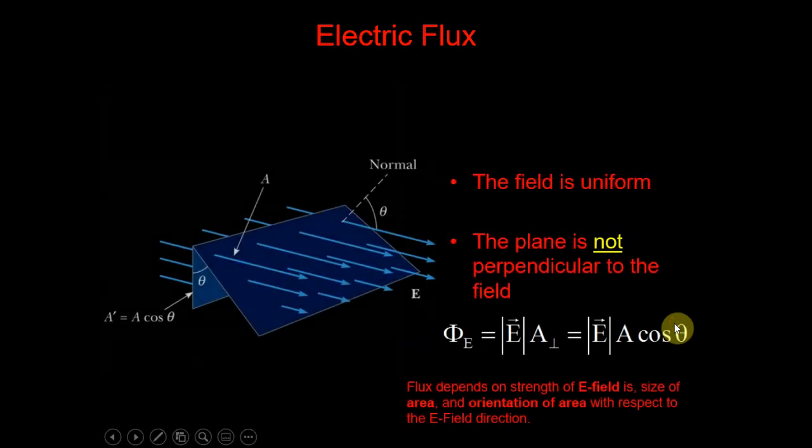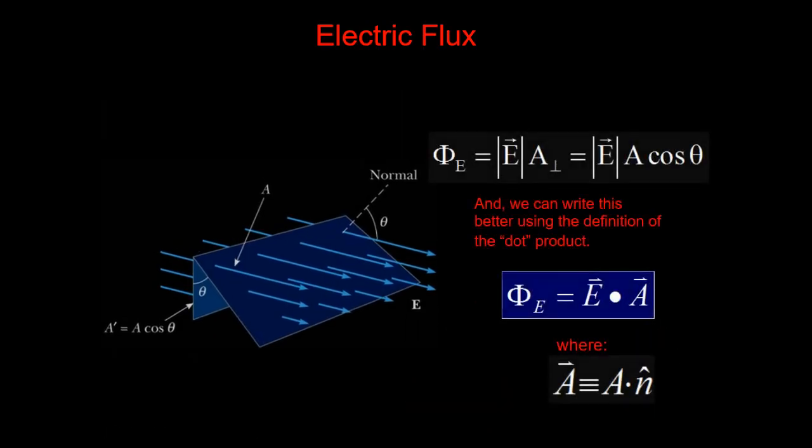If the plane is not perpendicular to the field, then phi will be EA cosine theta. Often, a unit vector of A is defined which sticks out of the surface and tells us where the normal unit vector is pointed. This is very important for some of the examples we're about to see.